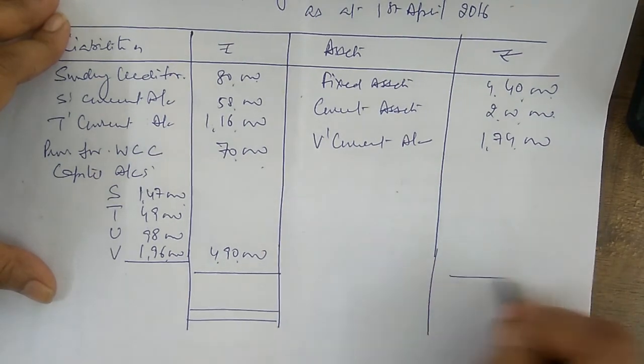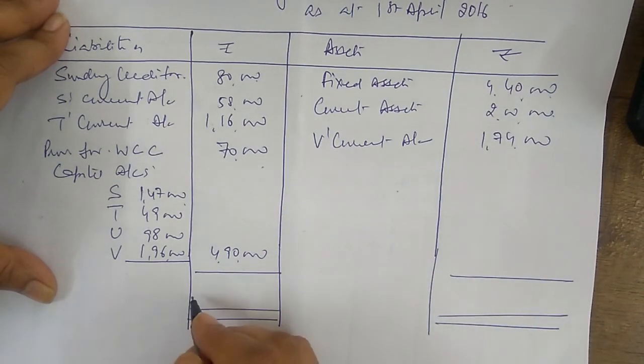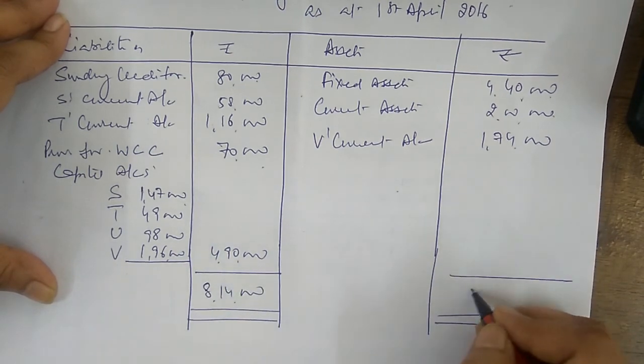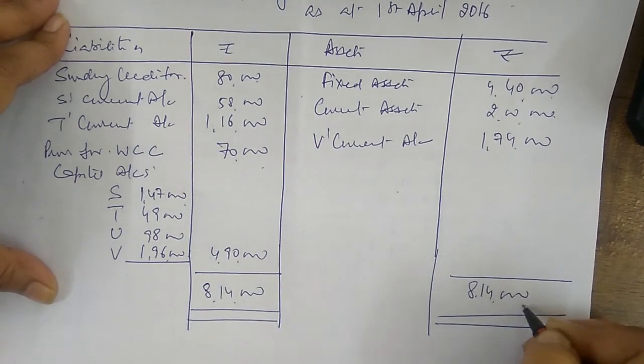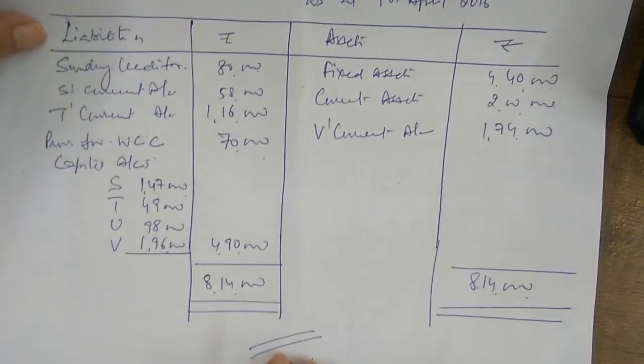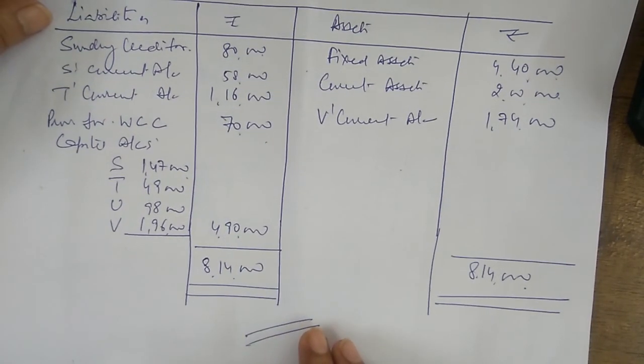So total of both the sides we know that balance sheet है तो equally होगा बच्चे. So when you go with the total it comes out 8,14,000.